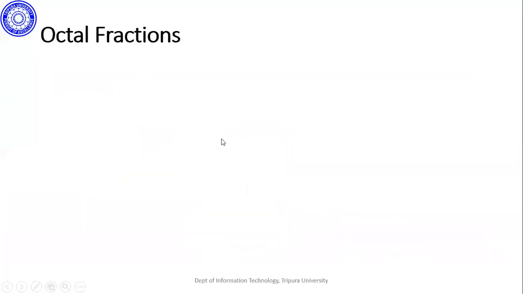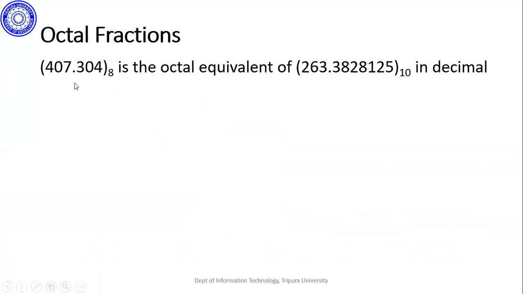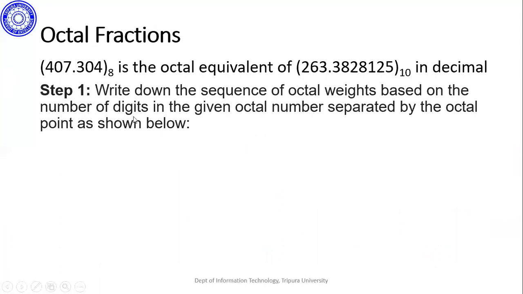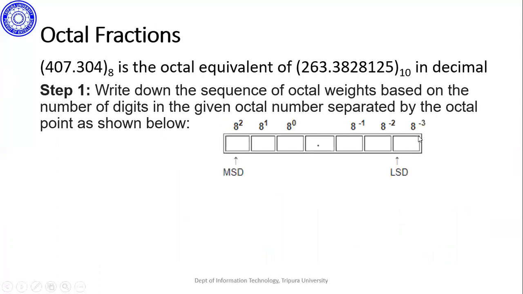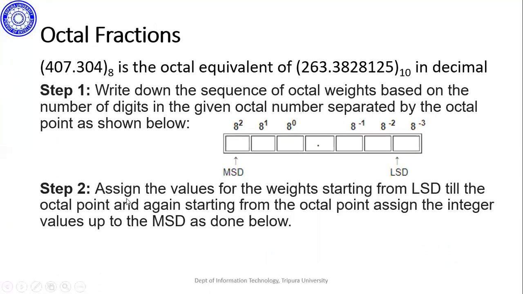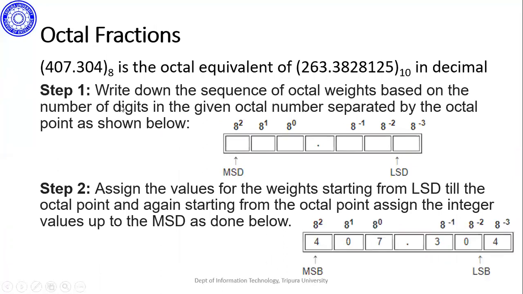Next, for octal, it's a similar process. If we want to convert this to an octal number, we have 4 steps. First step is writing the octal weights in this format. Next, we assign the value of the weights starting from the LSD. So 407.304 is put here, and these will be multiplied with the multipliers.